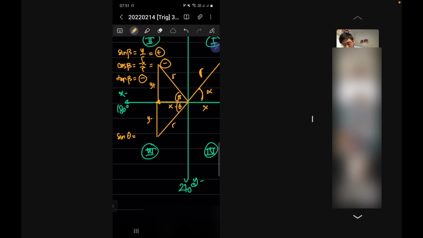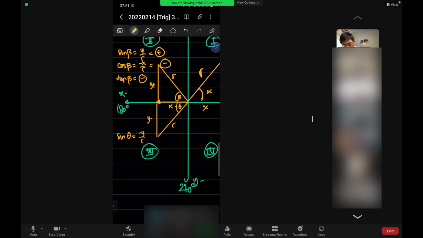So sin theta is minus y divided by r, so it's minus. Cos theta is minus x divided by r, so it's minus as well. And then tangent theta is minus divided by minus, so it is plus.